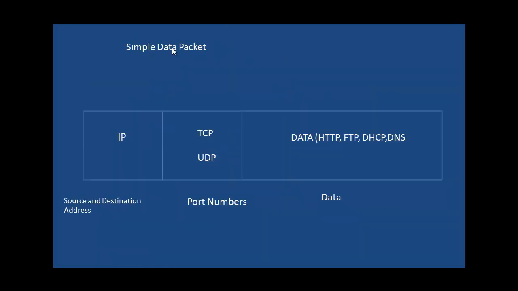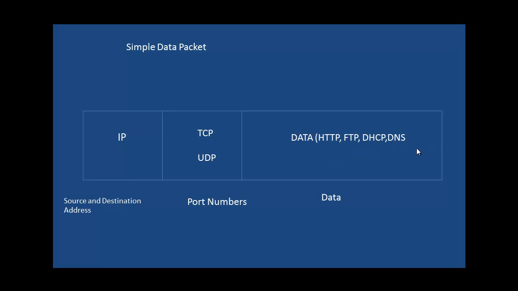Let's take a look at a very simple network package. A network package consists of what we call an IP header and a TCP header. And then you have the data. After the data, there's usually what we call a trailer.